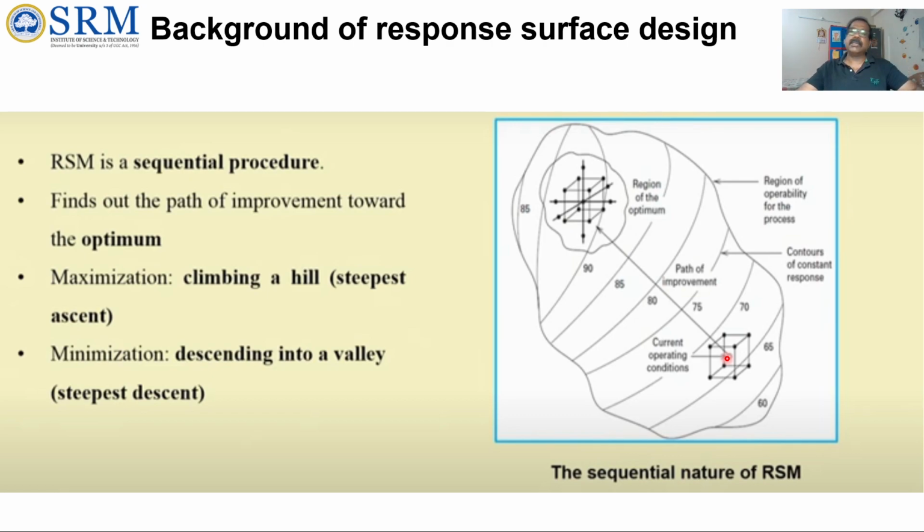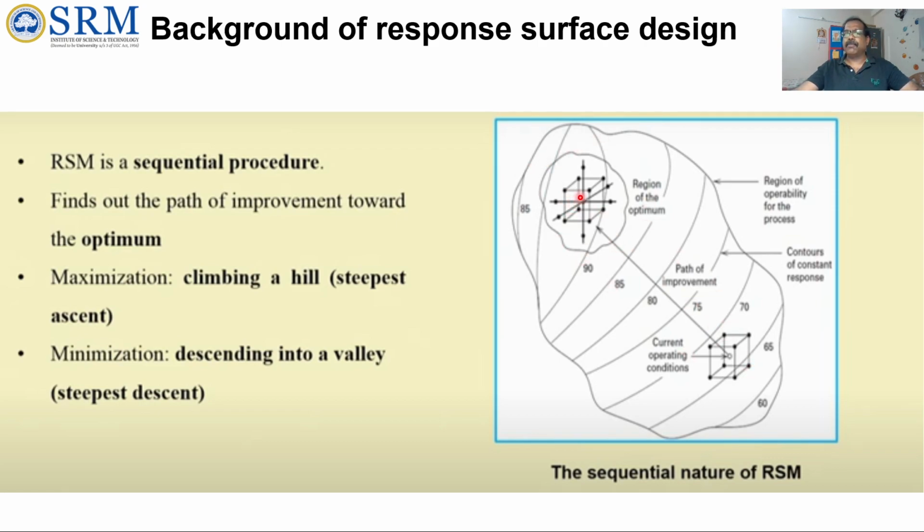If it is, for example, an increasing trend, say I am considering efficiency, and by changing some of the factor levels the value increases, then this is the direction we need to consider. For example, here the response is 75, here 80, throughout this. So we need to move perpendicular, or orthogonal, to these contours.